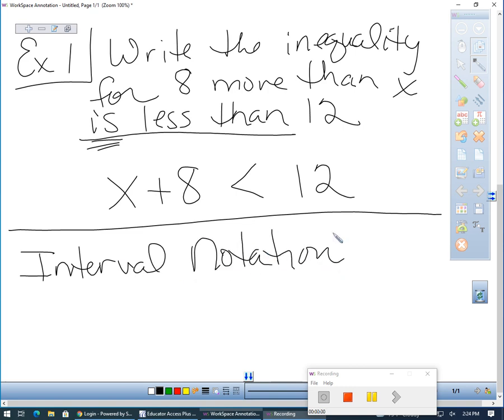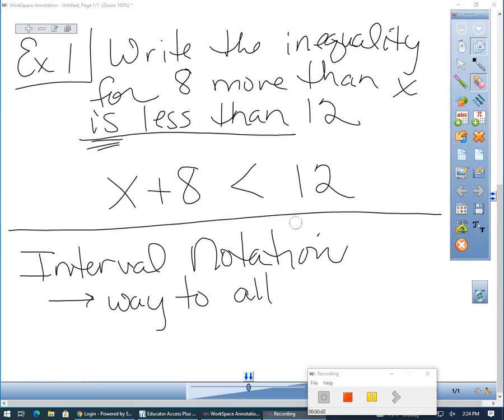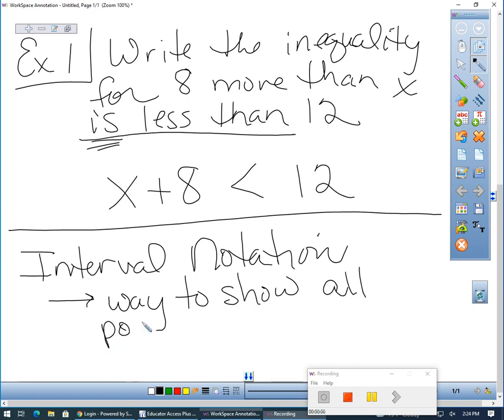Interval notation is a way to show all possible solutions.